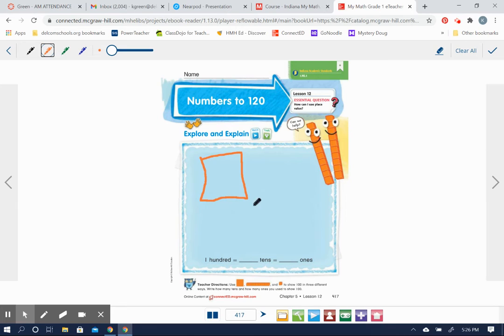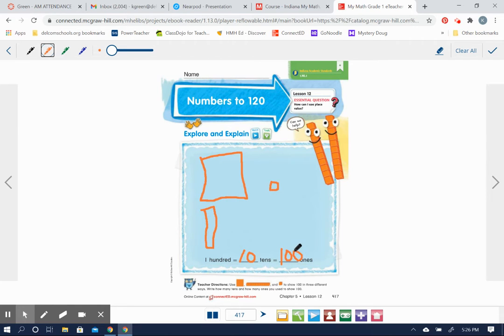Now that's not a straight line, but one of these flats would be the same as 10 sticks of 10. So I'm going to write 10 in here. But this flat of 100 would also be the same as 100 ones.